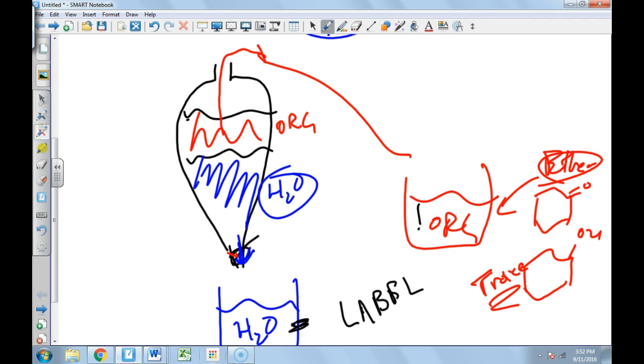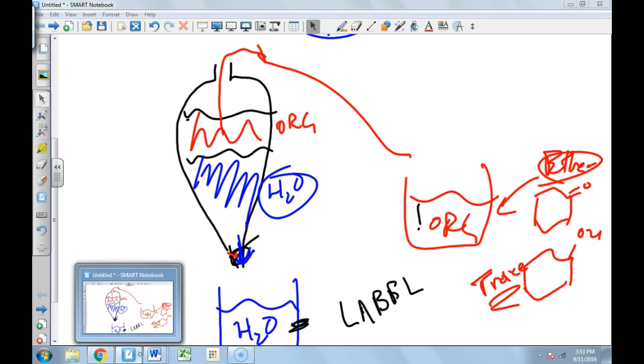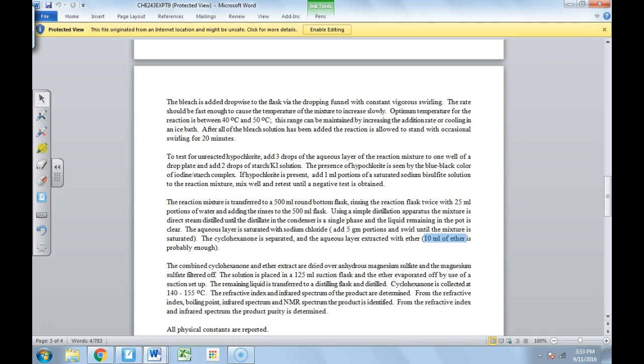So the next night, you're going to come back in and dry the ether layer over anhydrous magnesium sulfate. Now, what does that do? Let's go back here.